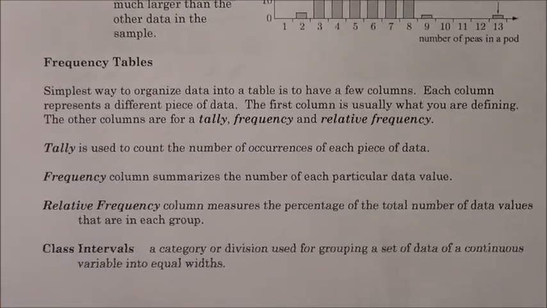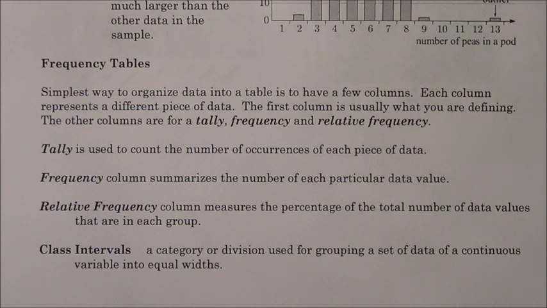Frequency tables are a great way to organize your data. When you collect data, sometimes it doesn't come in all at the same time, or you've got a huge group of data that you need to account for. So you can start by setting up columns in a table, and the headings would be tally, frequency, and relative frequency. The tally is used just to count the number of occurrences.